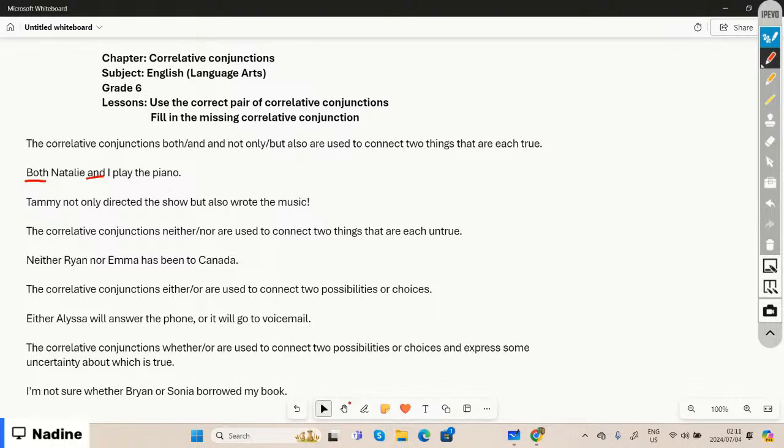All right, and then we have Tammy not only. Remember we said that the correlative conjunctions both and, as well as not only but also, are used to connect two things that are each true. So we said both Natalie and I. It connects two things, two names, and it is true.